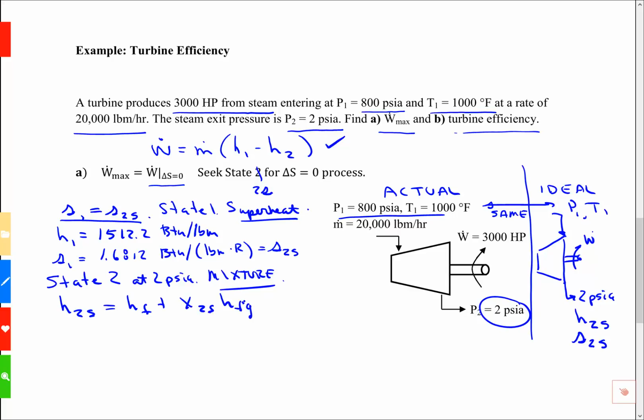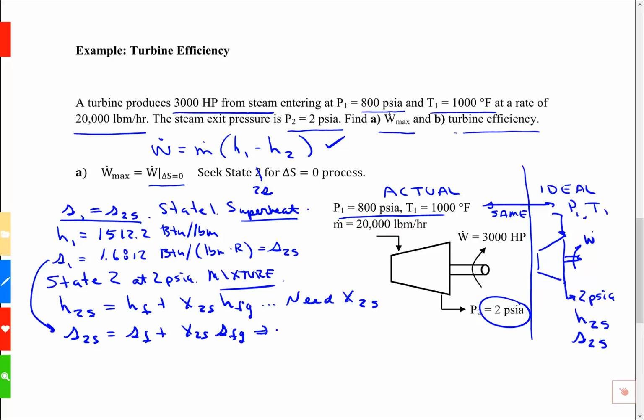So we need to find the quality at condition S. We're going to use the entropy that we know. This is the same as S2S, also with the lever rule, but now it's S sub F plus X2S times SFG.